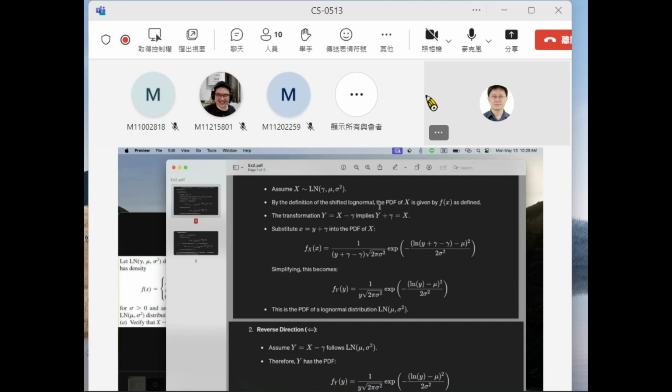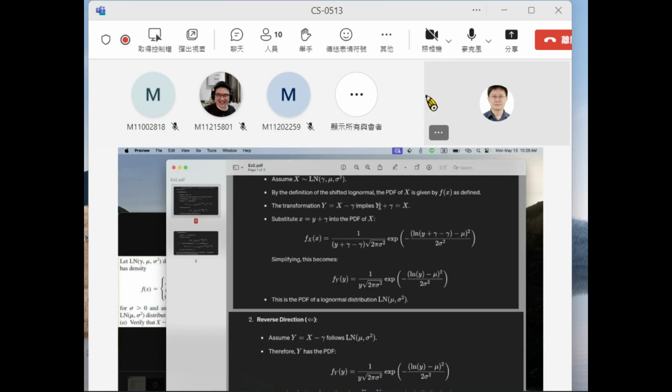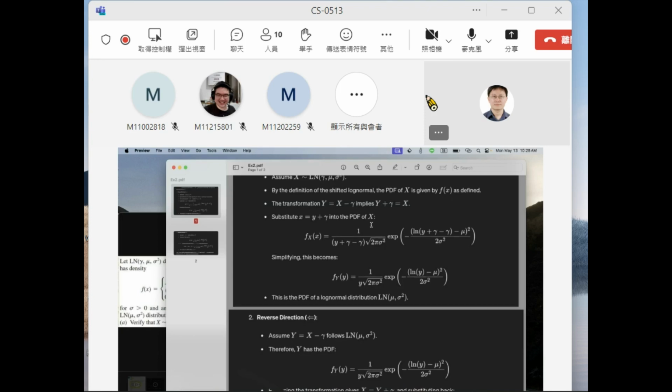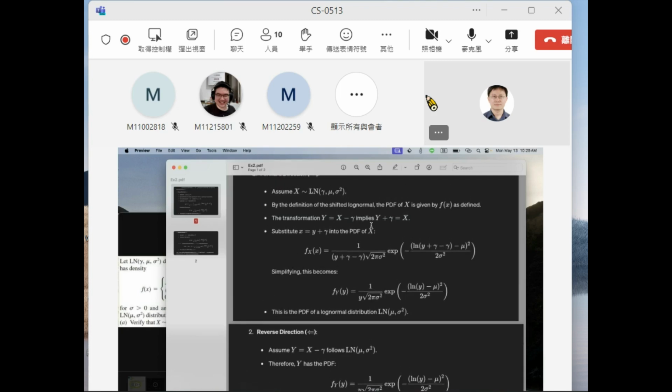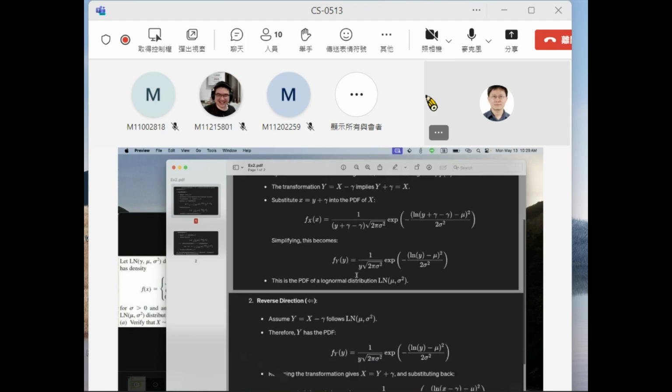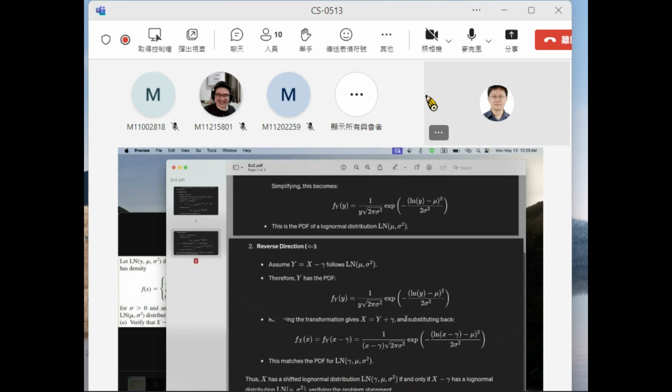We use this new formula in the PDF of x. So in the forward direction, you substitute the variable x into the original log normal function, and finally rearrange, so you have the new formula. And you find this formula is a log normal distribution again. So that's why you have this log normal. Okay, and how about the other half of the solution?